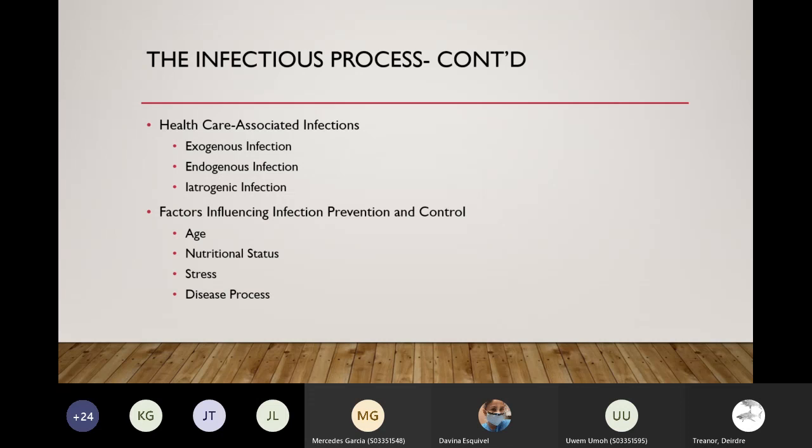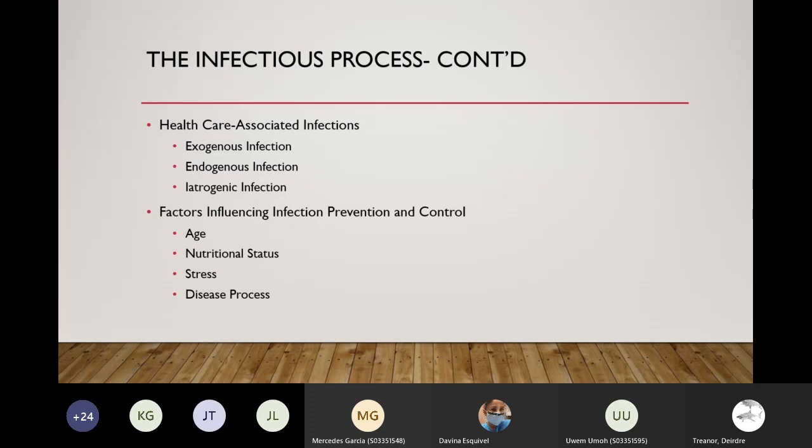So factors that influence infection prevention: age. Your susceptibility levels will change throughout your life. An immature or deficient immune system, so definitely infants with their immature immune system. And your immune response will decline the older you get.